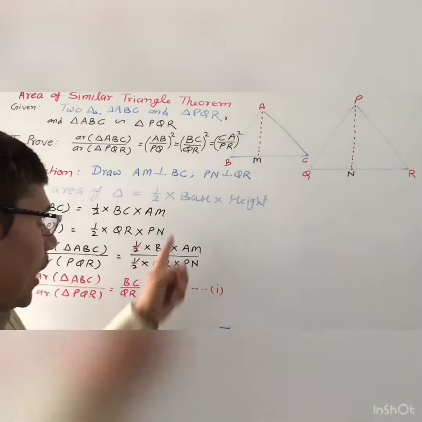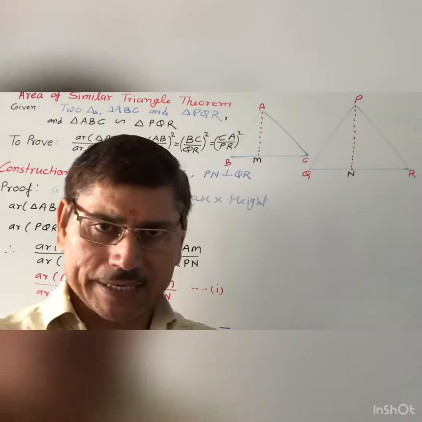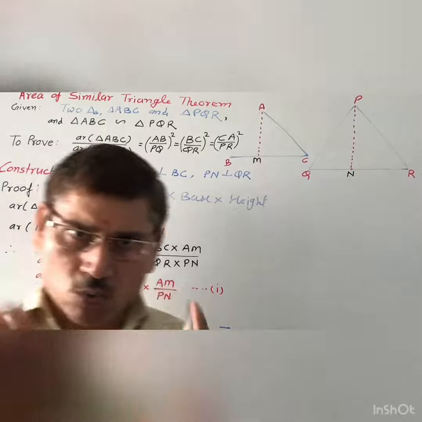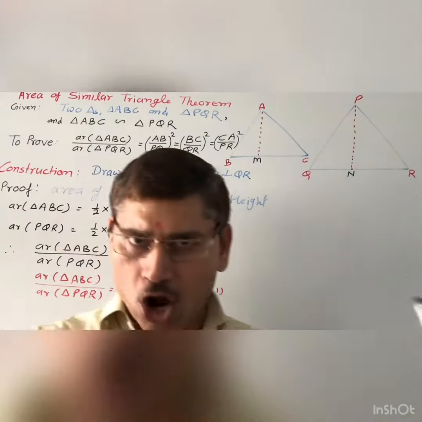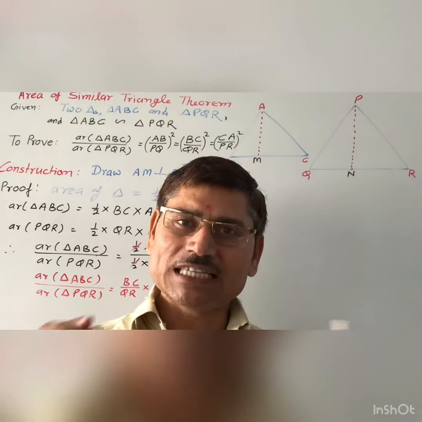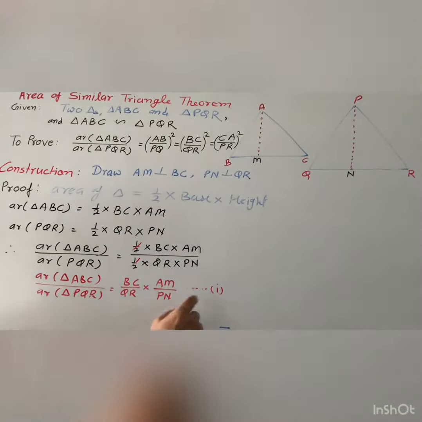Okay. Now according to the requirement, we will observe something. BC upon QR is required, but AM upon PN is not required. So we will remove it using some other criteria. Okay. So we will take the other steps.